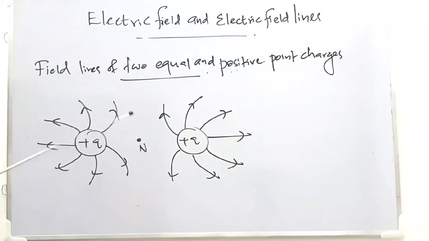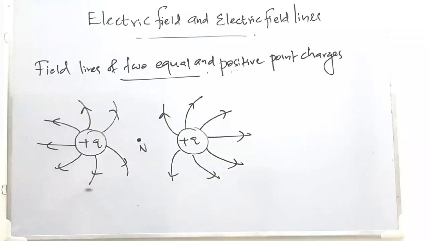I will explain. If you want to get a field line through this point, you have to place a unit positive charge here. This plus q charge will repel this unit positive charge. Also the second positive charge, that is this plus q, will repel the same unit positive charge placed here. So it will move along this curve. Similarly, we have drawn all the other lines of force.